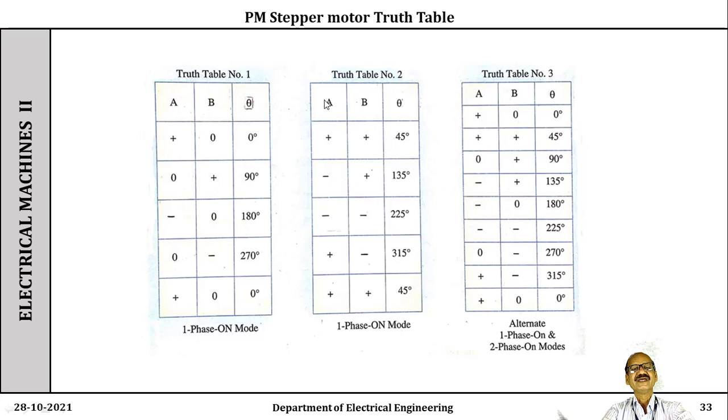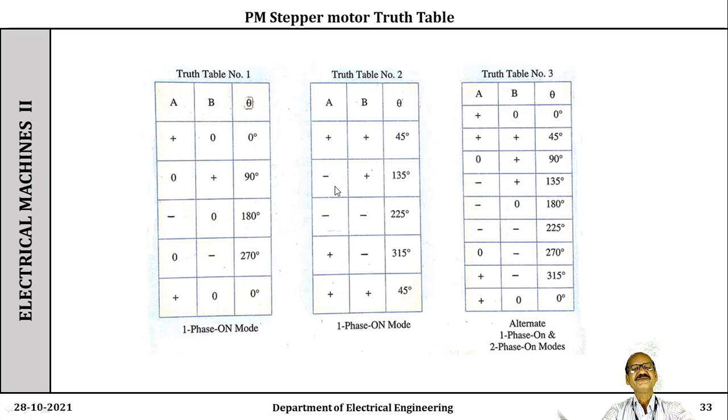However, when A and B are excited simultaneously, both the windings have equal current, and the torque is produced because of both the windings, and its average torque is midway between the 0 and full step. That is, 0 and full step is 90 degrees, midway is 45 degrees, it is shown here 45 degrees.